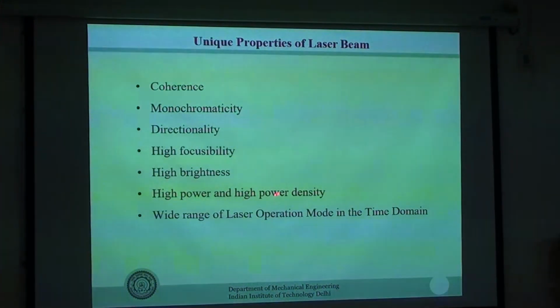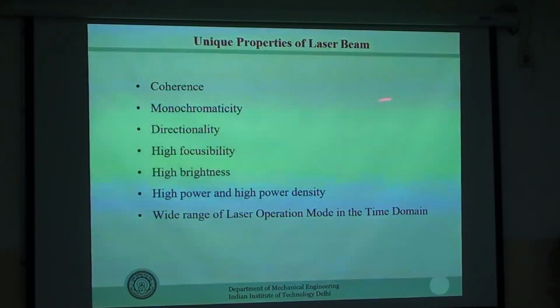If we do not understand the properties that are unique to lasers, there is no point of using laser as a tool for cutting. There can be other options like wire cut EDM or abrasive water jet cutting, but why laser?